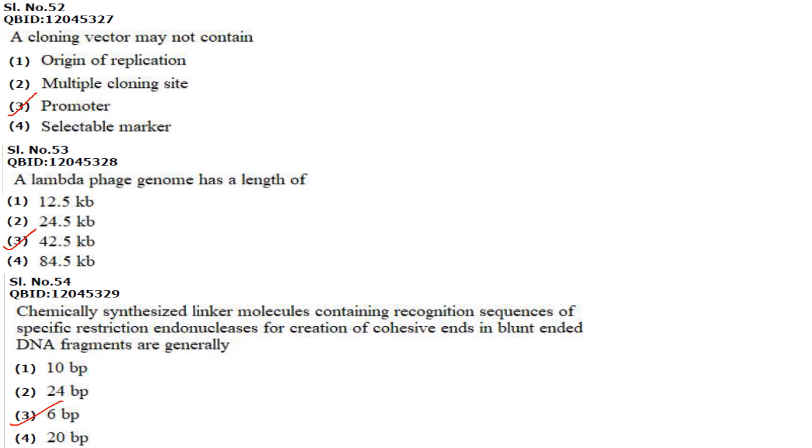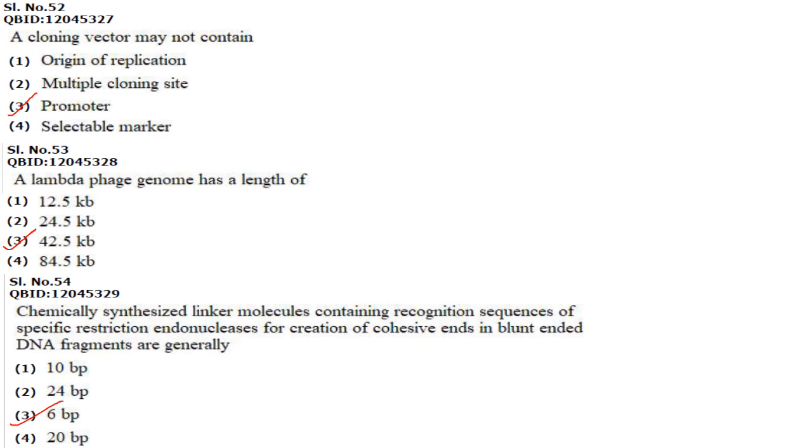Then next one. Chemically synthesized linker molecules containing recognition sequences of specific restriction endonucleases for creation of cohesive ends in blunt-ended DNA fragments are generally. So they have asked what is the size of the linker molecules. Linker molecules are used for what?